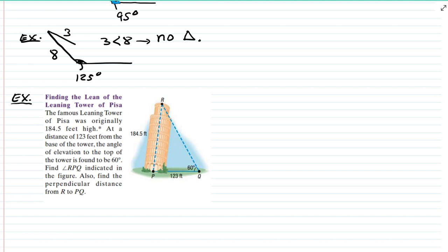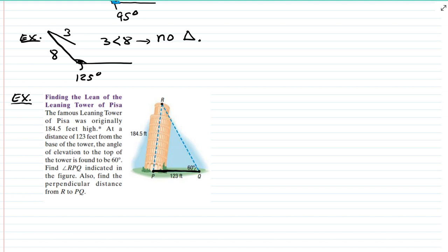Now, in this drawing, by the way, some of you may interpret the distance from the base of the tower to be 123, but actually this is the distance right there. All of that distance is 123 feet. So suppose that's the case.